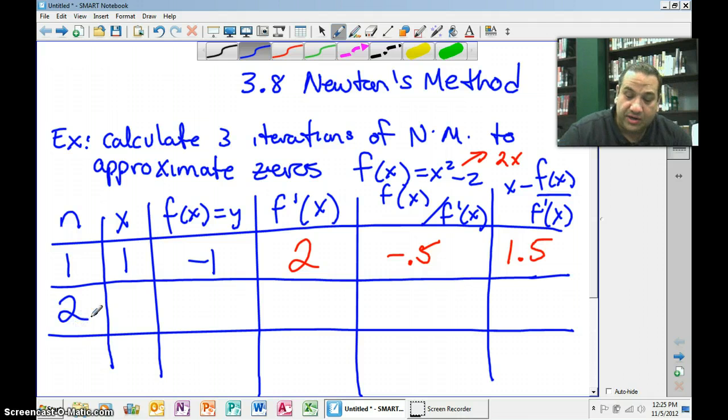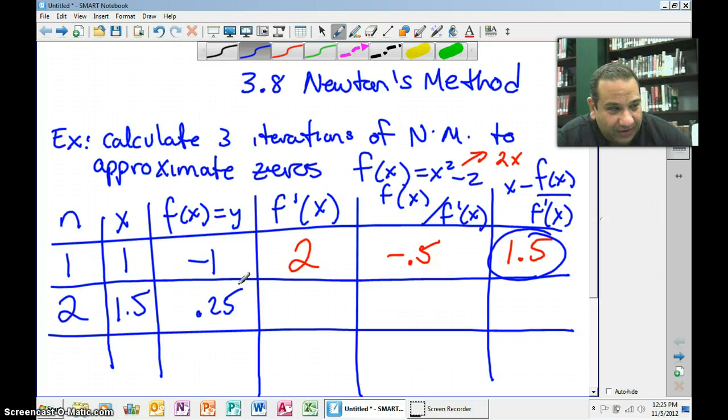Our second iteration: now we're going to use this new x, 1.5. We plug 1.5 into this equation and get 1.5 squared minus 2, which is 0.25. Then we put 1.5 into the derivative, and we get 3.